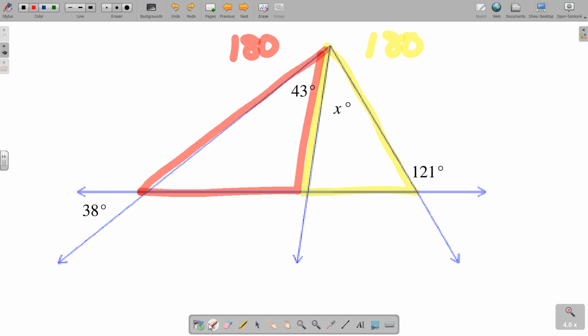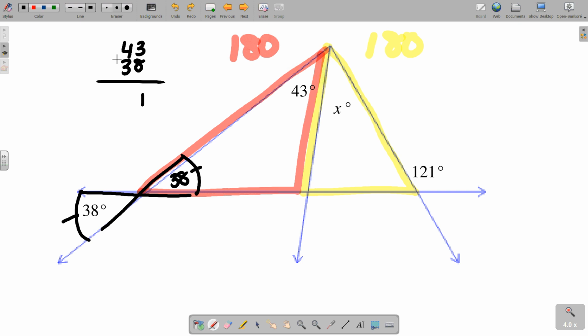So start with the numbers that you have. So right over here, you see those bow ties? That means that this is 38, that's 38. Looking at the red, let's add it up. Take it away from 180. So we just got this angle 99.